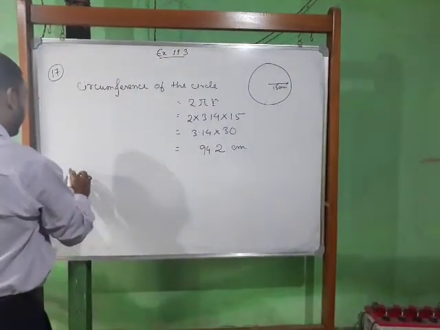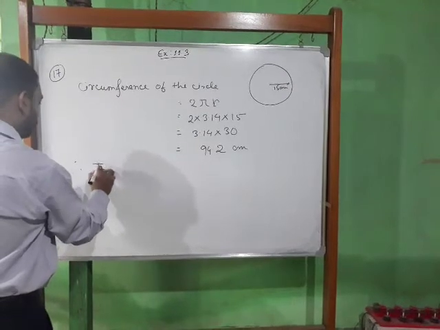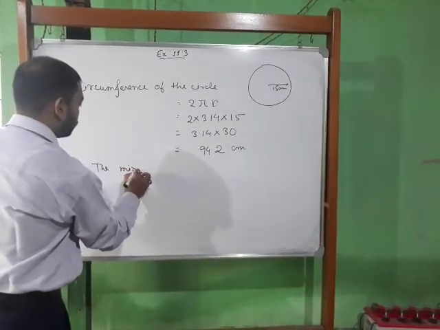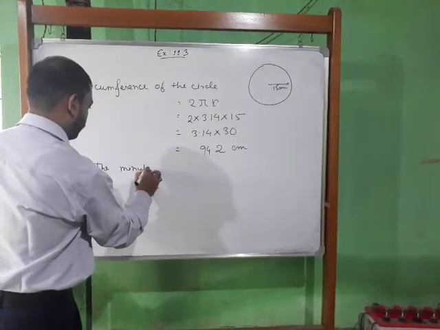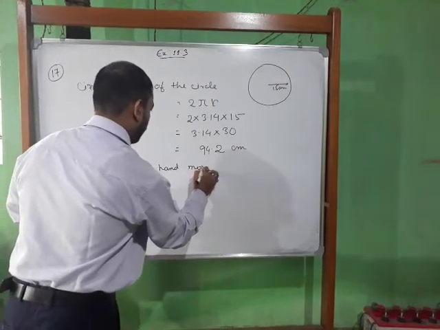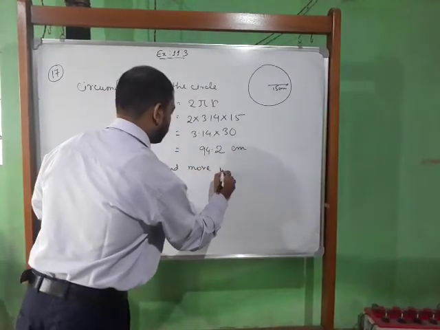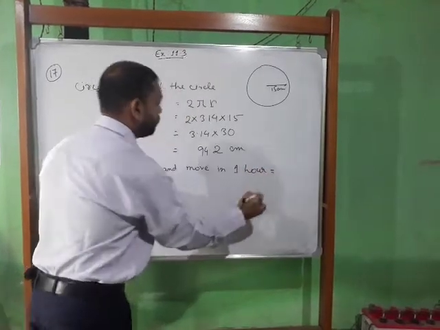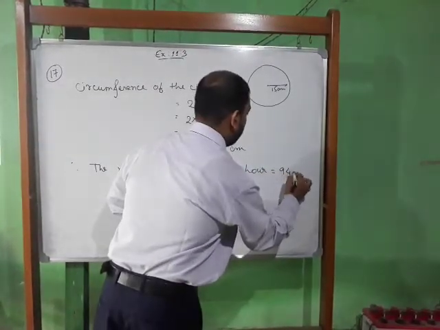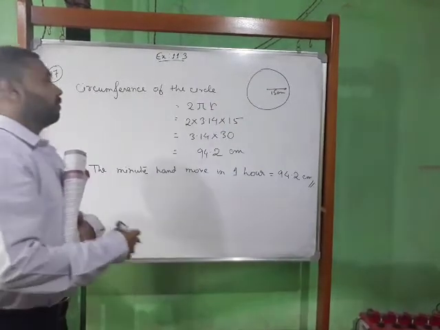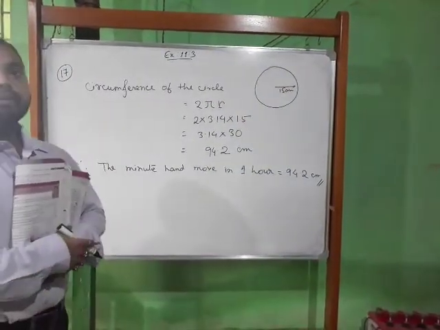Therefore, the minute hand moves in 1 hour equal to 94.2 centimeter. So this is the answer of question number 17.